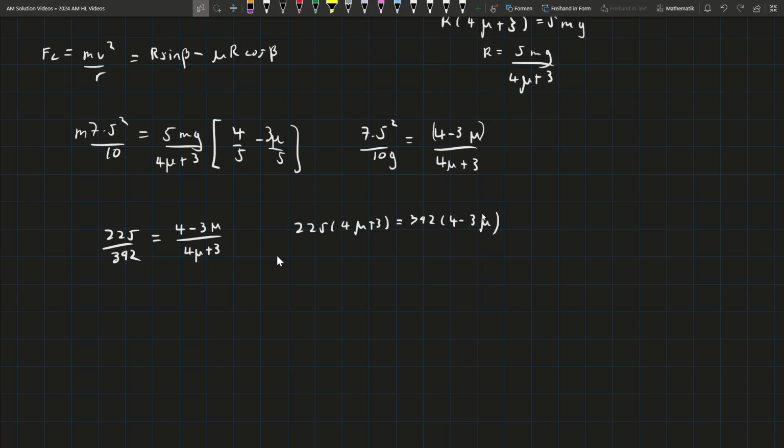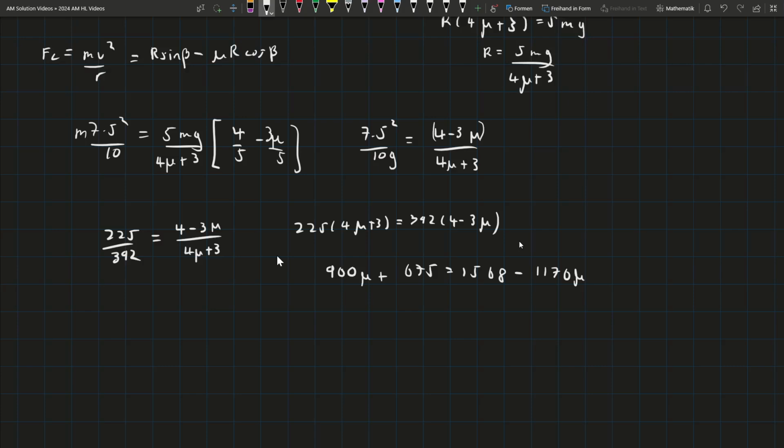Expand out those brackets. 225 times 4 is 900 mu, plus, and then multiply it by 3, that's 675, equals 392 times 4 is 1568, minus, and then times 3, 1176 mu. This is why this is the worst question on the exam. Okay, bring the mu's to the left side.